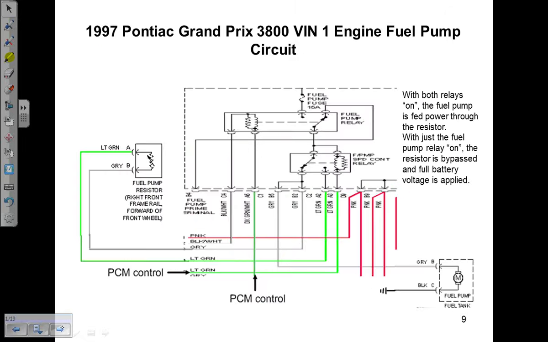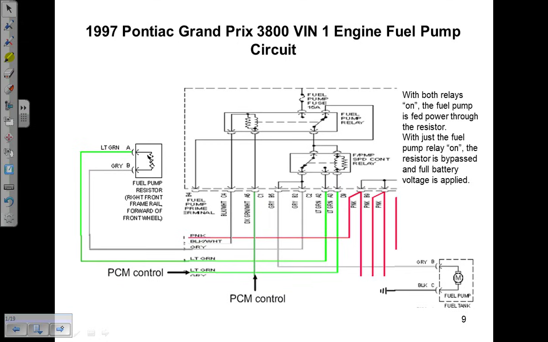I had another one that was very similar. This is a 3800 supercharged GM, and with the supercharger, obviously we have a higher fuel demand, so it would make sense that the supercharged 3800 had this and the regular 3800 did not. They put a high volume pump in this thing, and it was almost too much fuel unless the supercharger was into play, right?